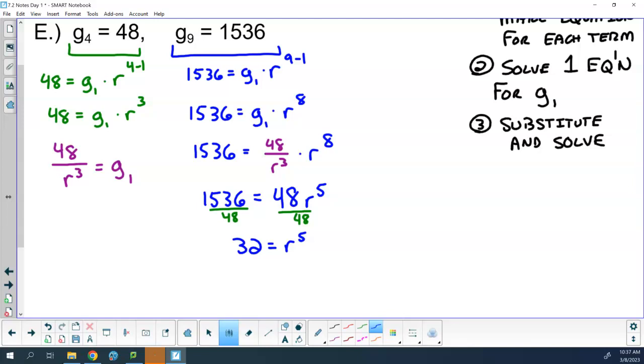Still need to solve for r. Square root is not enough. Because I have the 5th power, I'm going to take the 5th root of both sides. What is the 5th root of 32? 2. So my r value is 2.